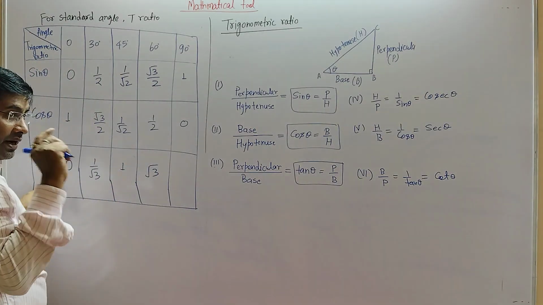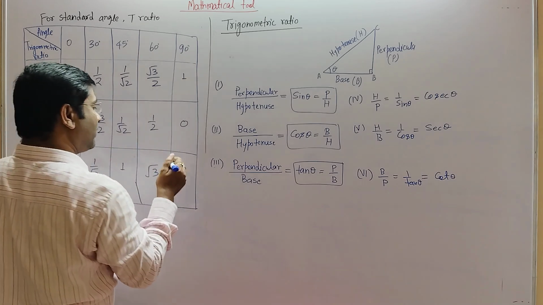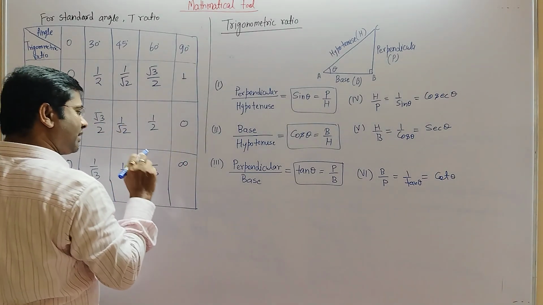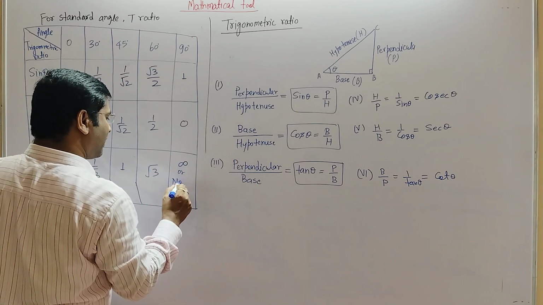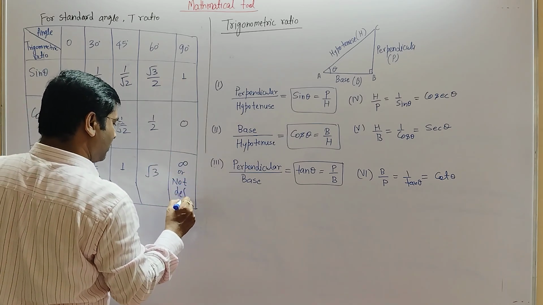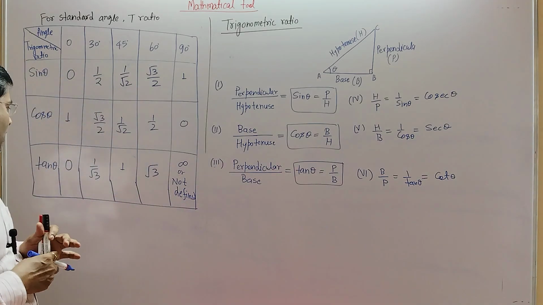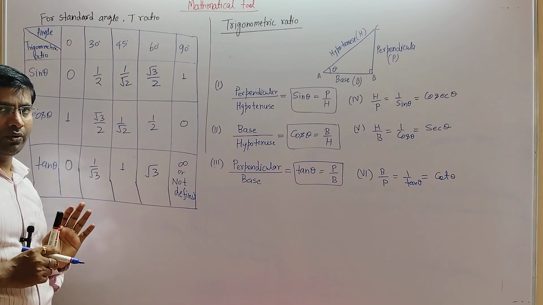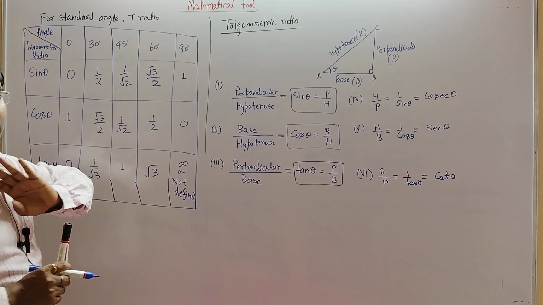At tan 90 this is not defined, but close to 90 you can also say infinity. So mostly you will see infinity also, but exactly at 90 degrees this is not defined. Okay, understood? So tan 90 means if it is close to 90, then the value will be infinity. But if it is exactly 90, then 1 upon 0 is not defined.